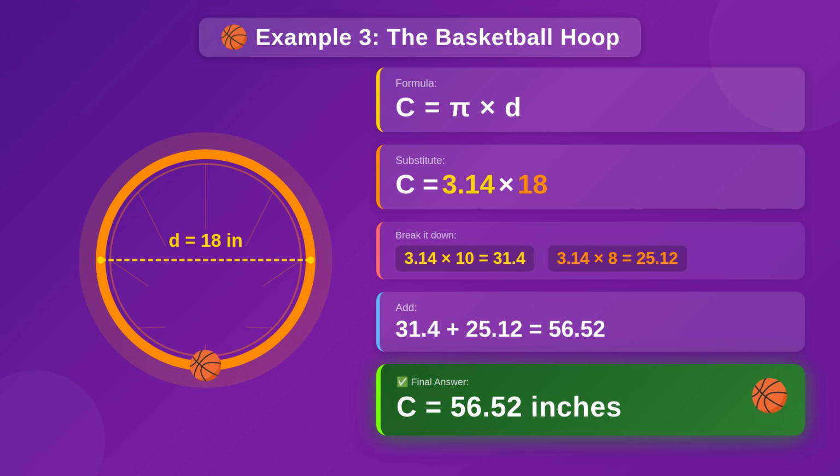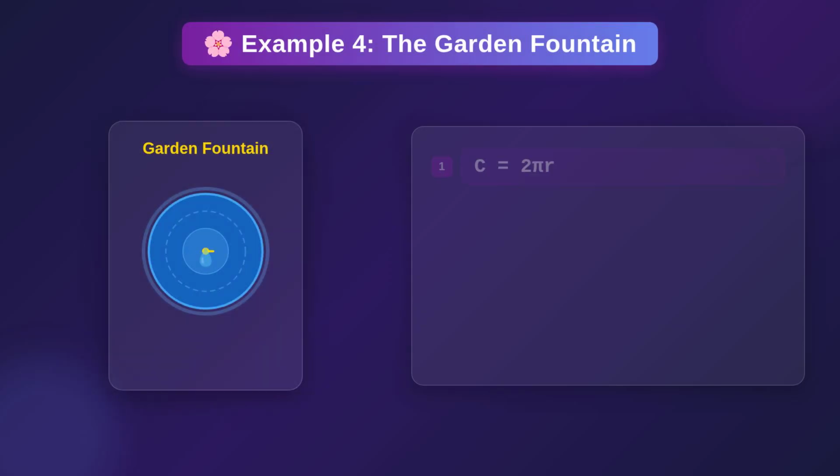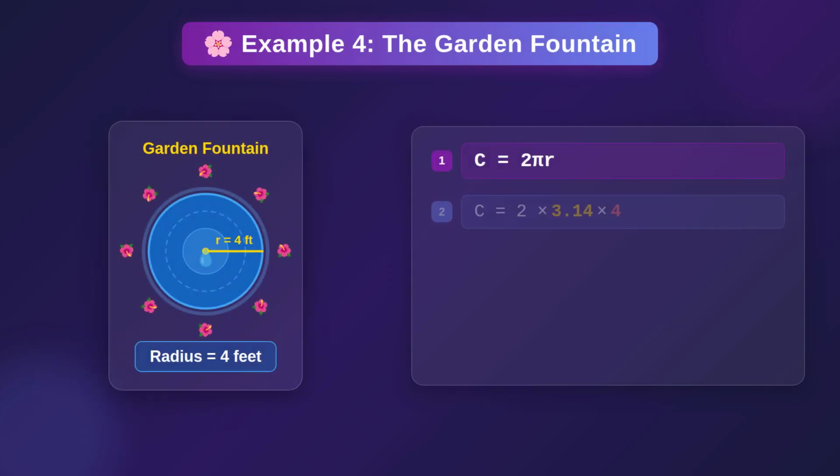Let's multiply. 3.14 times 10 is 31.4, and 3.14 times 8 is 25.12. Now add. 31.4 plus 25.12 equals 56.52. So the circumference of the basketball hoop is 56.52 inches. Maya proudly tells Marcus the answer. He's impressed, and so are we.